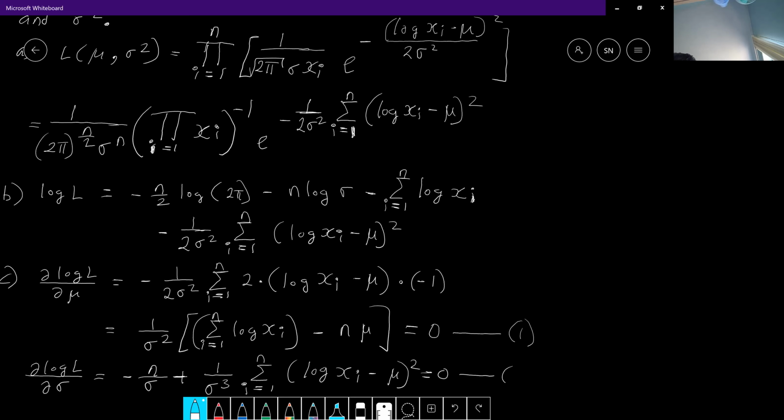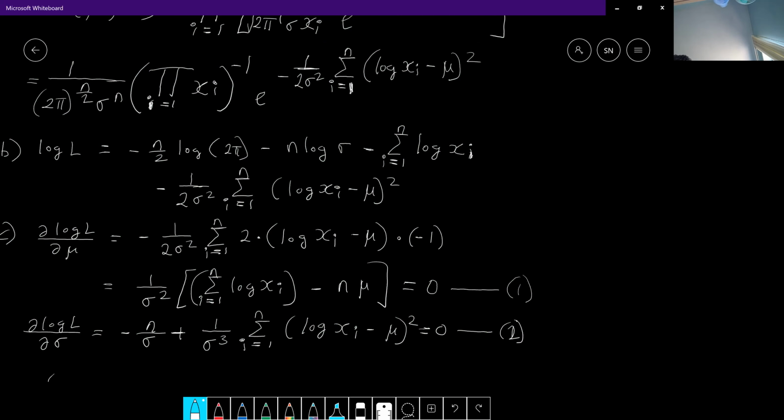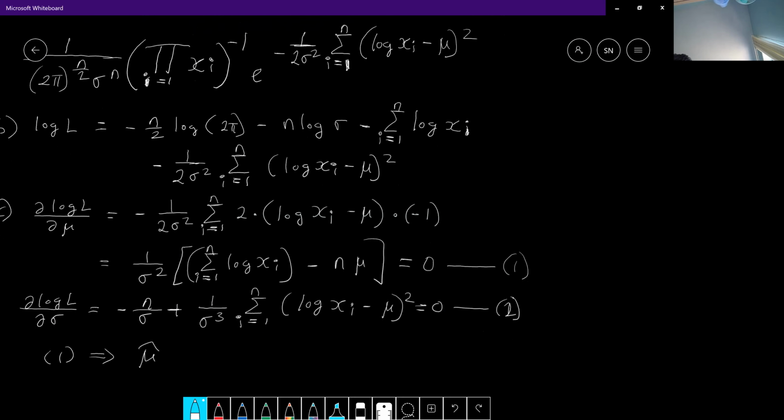So let's call this equation 2. So you have two equations and two unknowns. Now it's clear from equation 1, the estimate for mu is equal to 1 over n times the sum of log of xi. You can see that clearly, right?